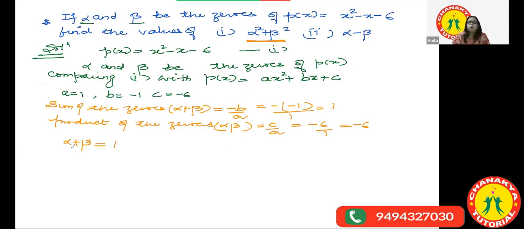So children, on squaring both sides, I am squaring both sides. So alpha plus beta whole square will be equal to 1 square.